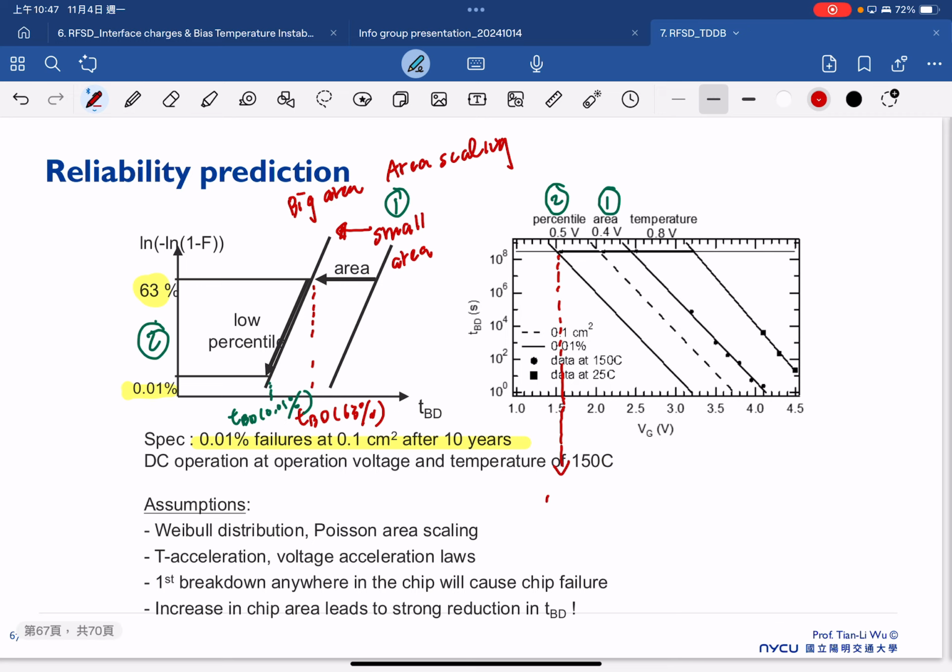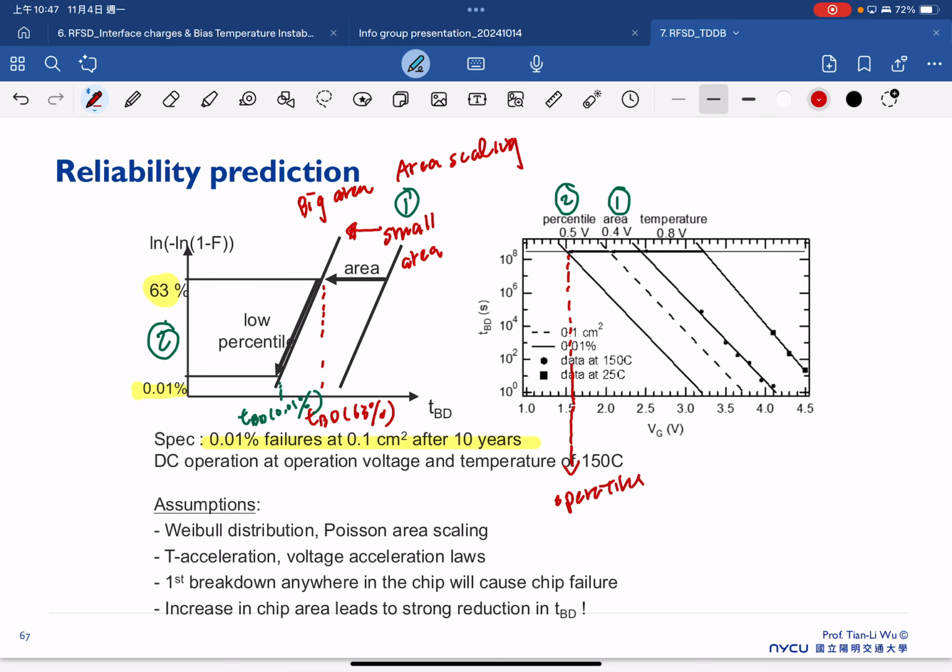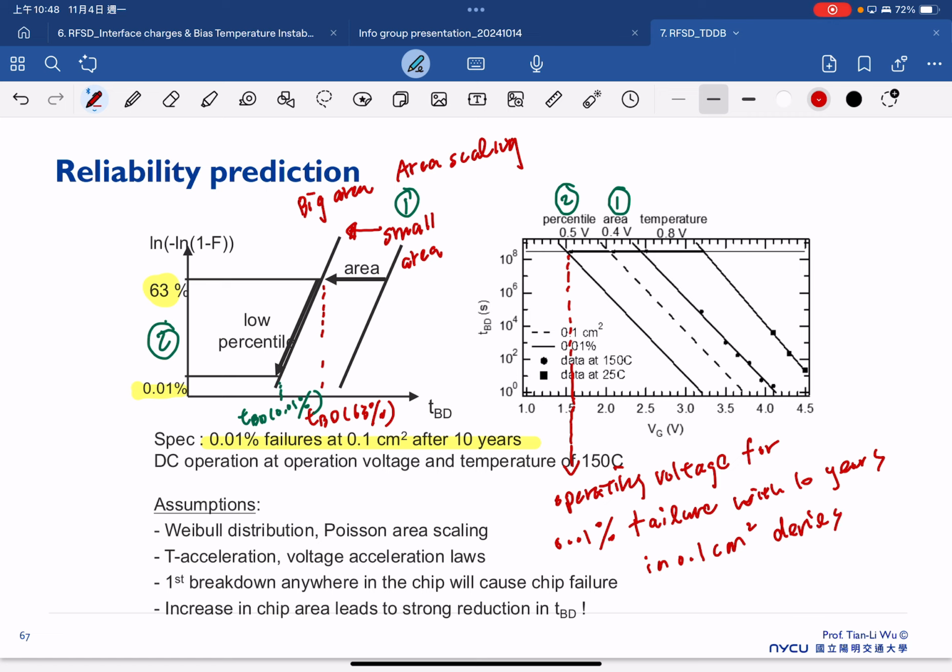This is the operating voltage for the 0.01% value with 10 years in a 0.1 centimeter square device area. So then it's 1.5 volt.